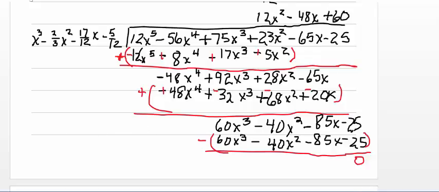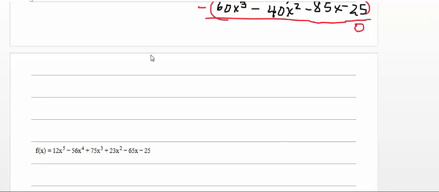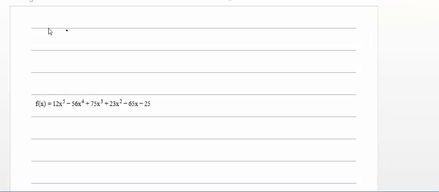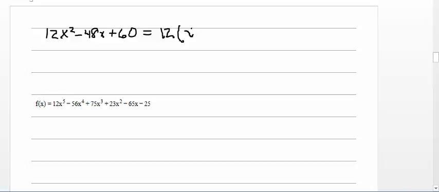So I take this quotient, 12x squared minus 48x plus 60, and I factor out a 12. And I get 12 times x squared minus 4x plus 5.